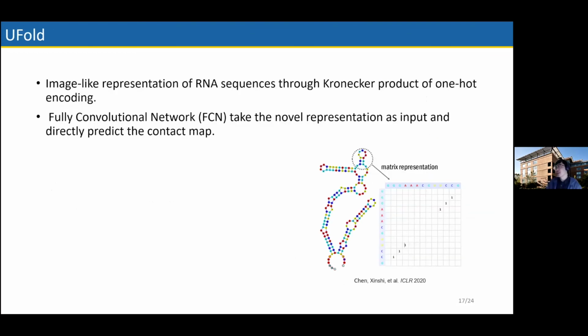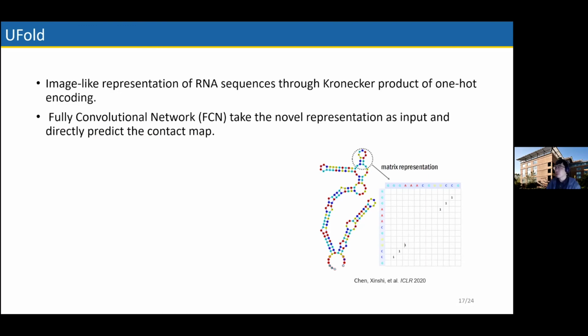So here in our project, we wondered, instead of modeling RNA sequences as language sequences, can we directly convert the sequence into an image-like representation that is easy to be processed with effective computer vision models? Also, models like fully convolutional networks can take data with variable sizes, and this is an important property since the length of RNA sequences usually has a large range.